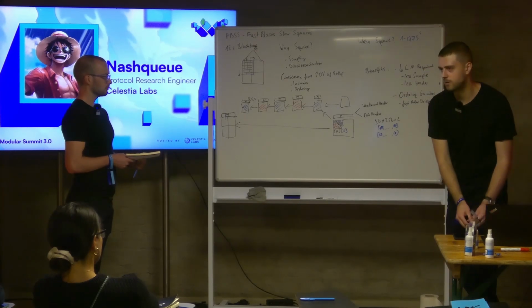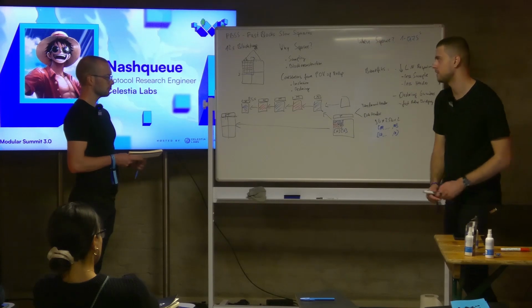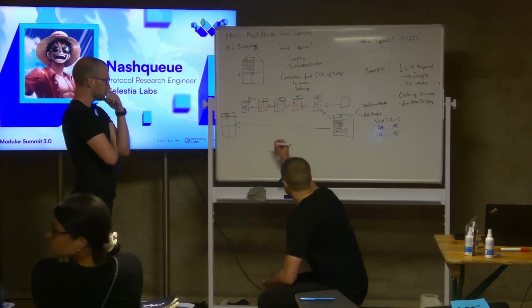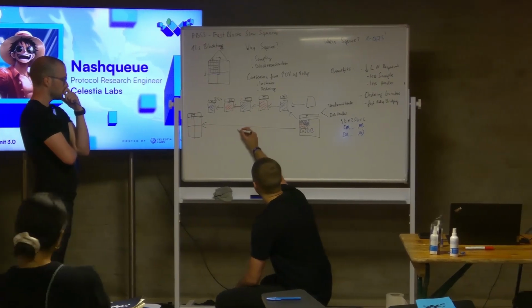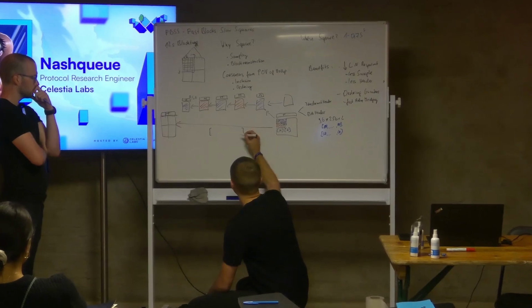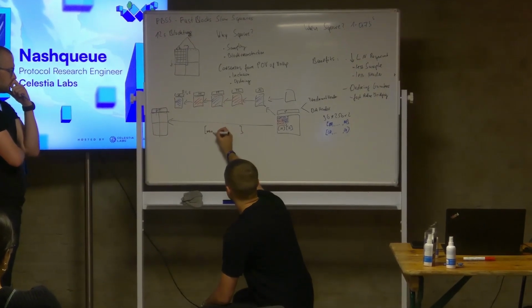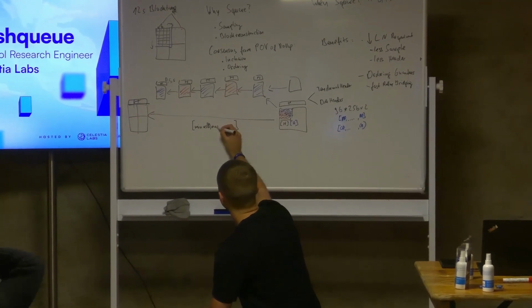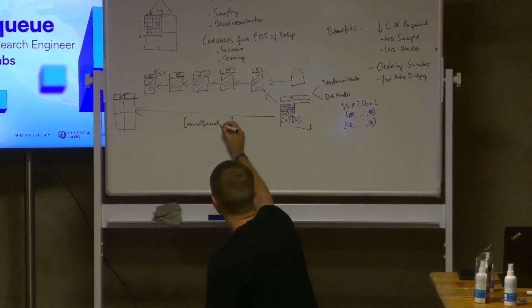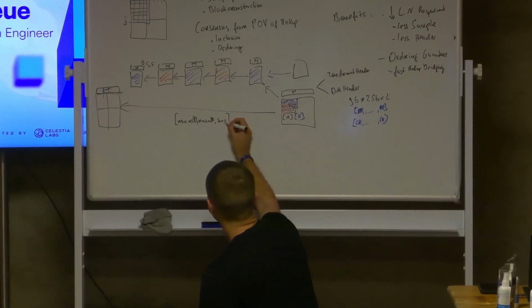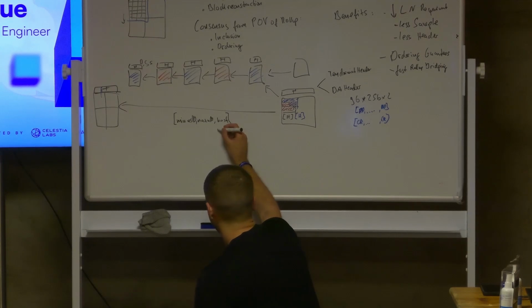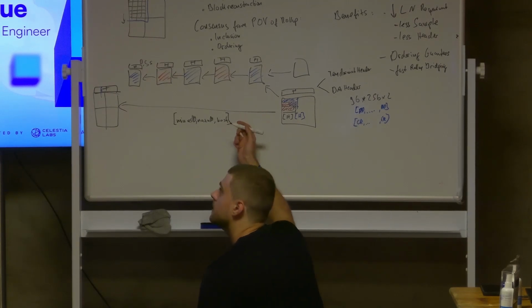I can quickly go over how a namespace Merkle tree looks. The nodes are constructed with the minimum namespace ID, the max namespace ID, and the hash. And the hash is basically the parent of the children.